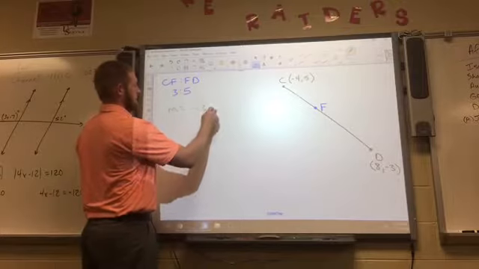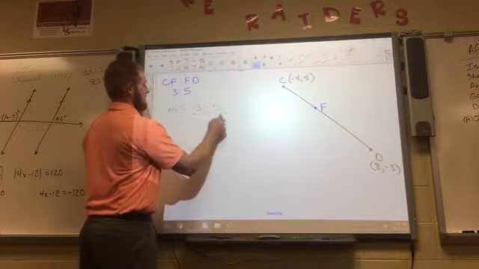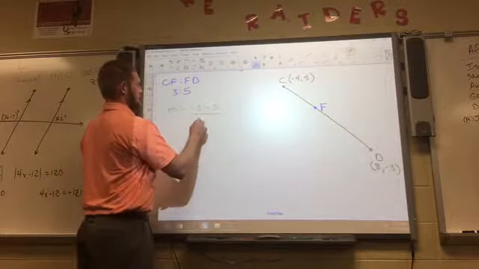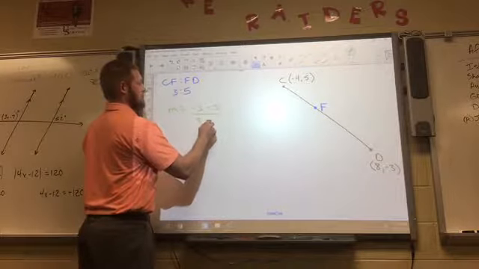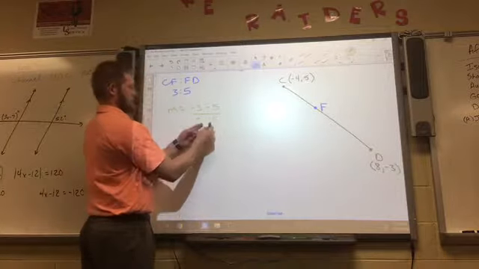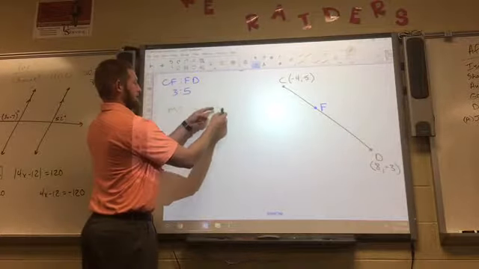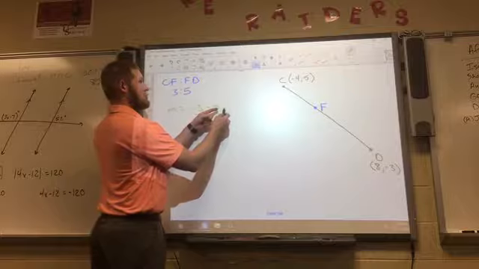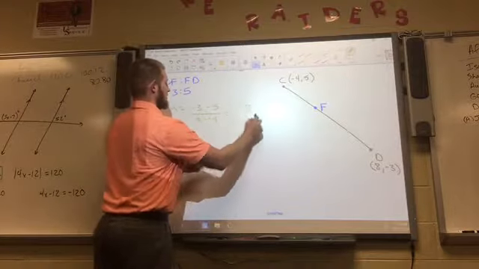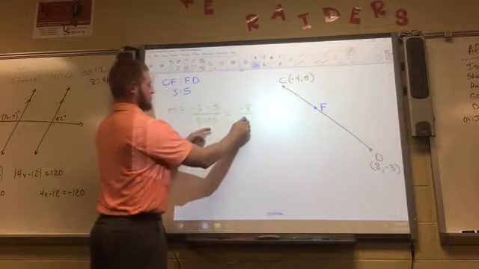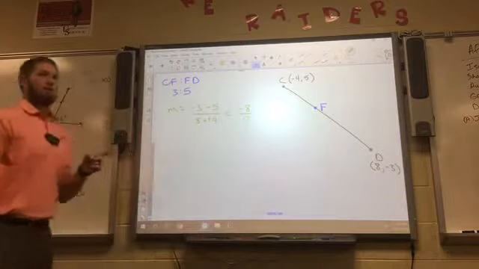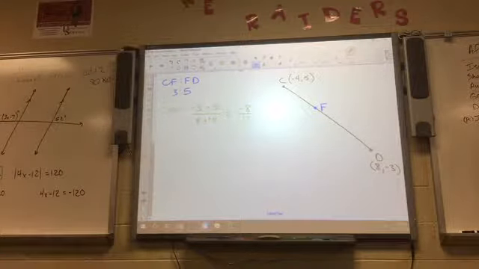Negative 3 minus 5 over 8 minus negative 4, which is actually plus. On the top, negative 3 minus 5 is negative 8, over 12. Don't reduce it though, because if you reduce it, you're not getting all the way from C to D, right? So we want to leave that.